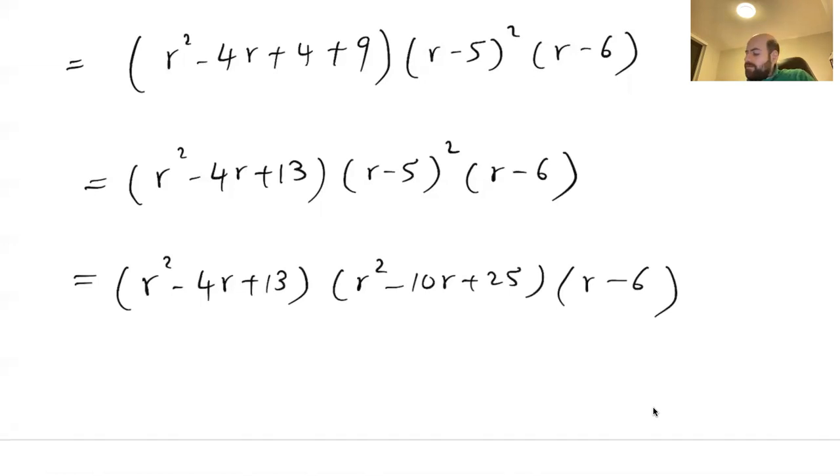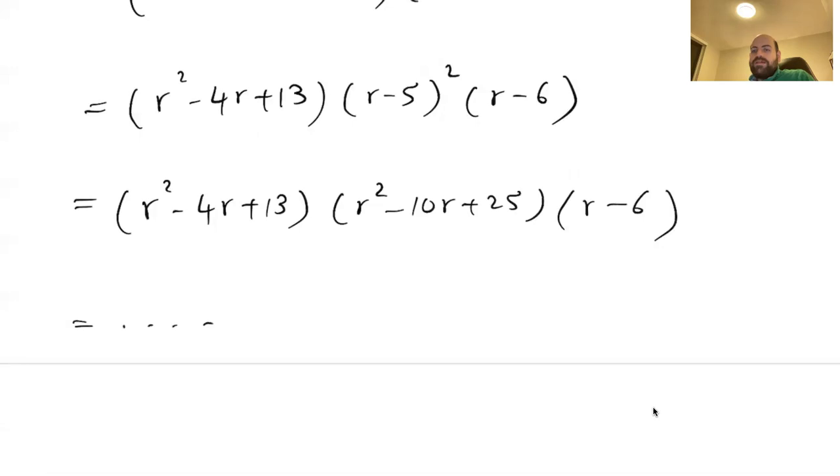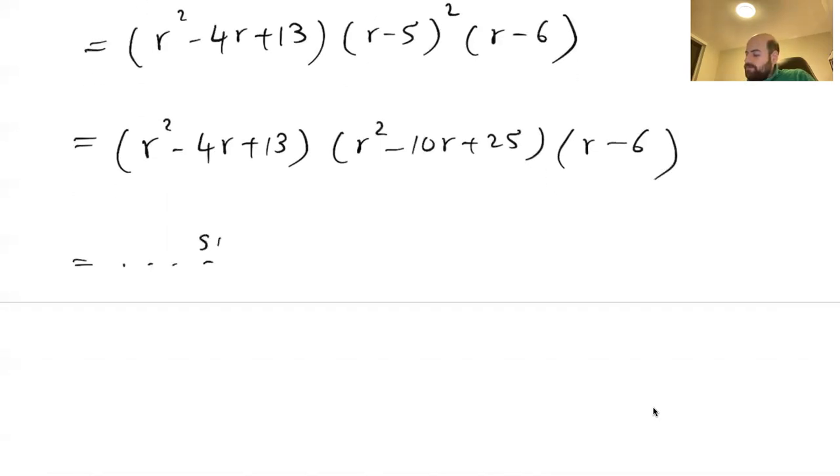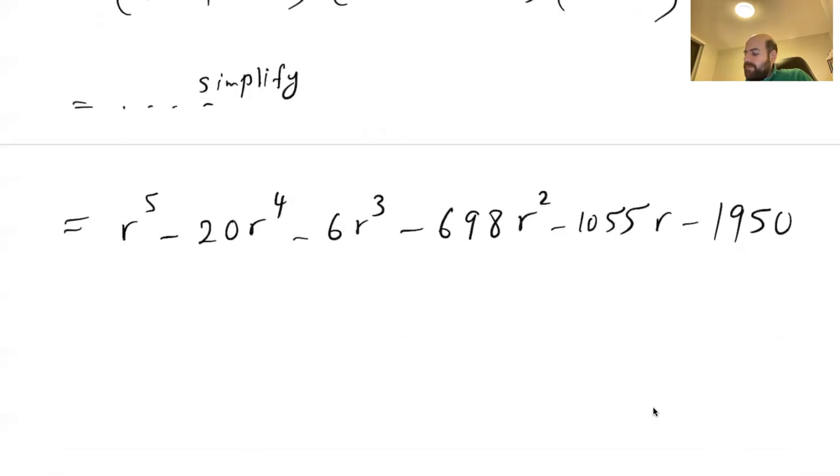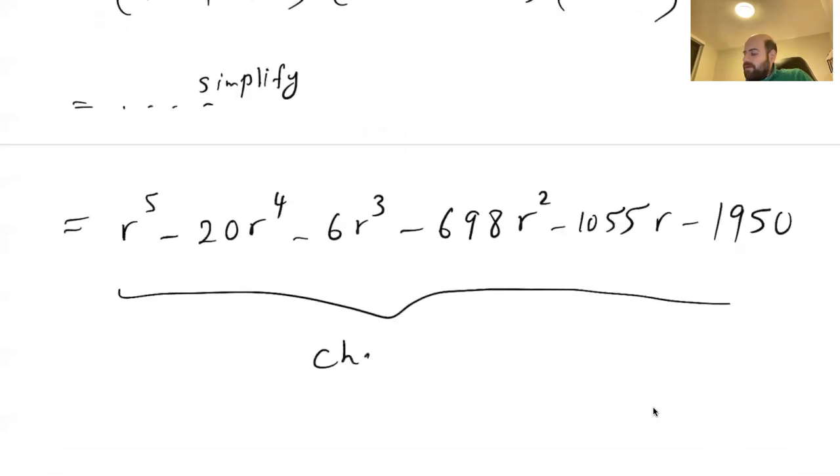And if we simplify, just a simple algebraic simplification, just expand and simplify, then you will get r to power 5 minus 20 r to power 4 minus 6r cubed minus 698 r squared minus 1055 r minus 1950. So this is basically my characteristic polynomial.